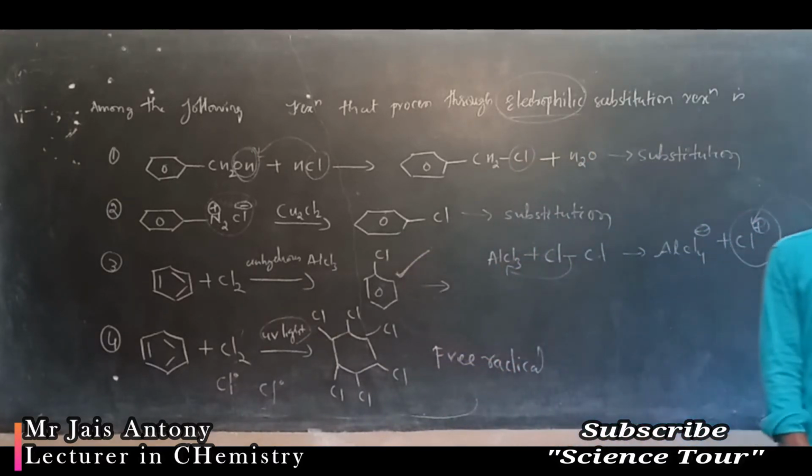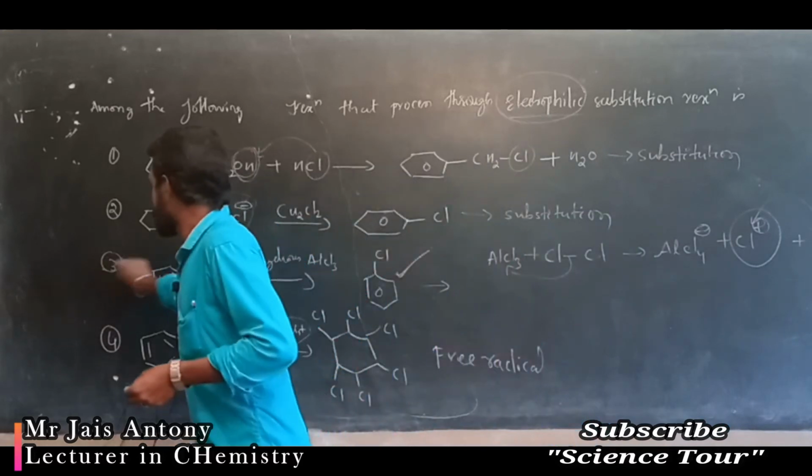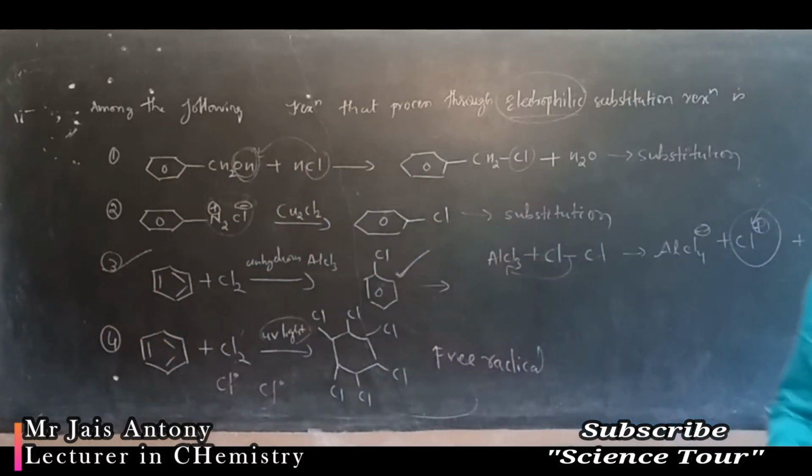We discussed the same in Friedel-Crafts alkylation and acylation, the same type of reaction. And in halogenation, it reacts with anhydrous aluminum chloride or ferric chloride. It becomes FeCl4 minus and Cl plus. Cl plus is the electrophile, which attacks the benzene ring and gives the electrophilic substituted product. So the third one is the answer, electrophilic substitution reaction.